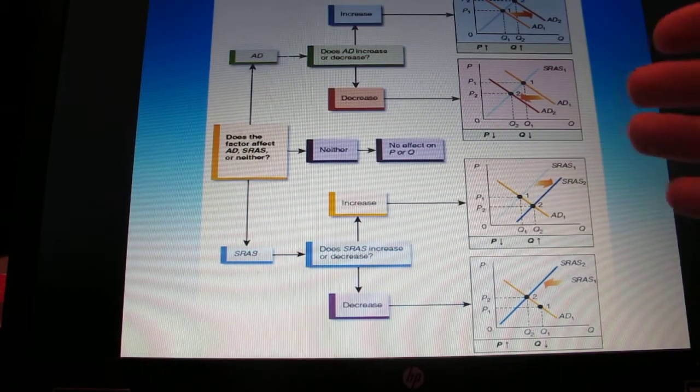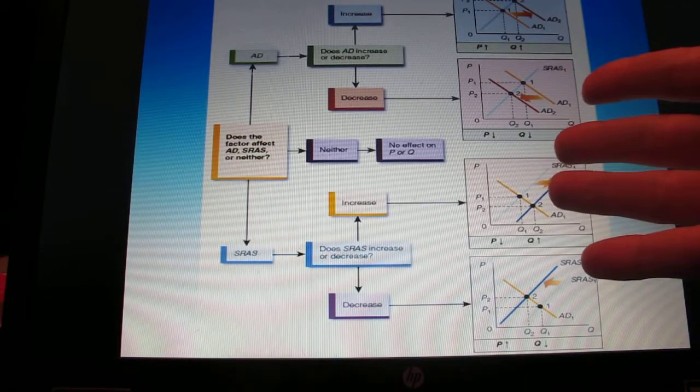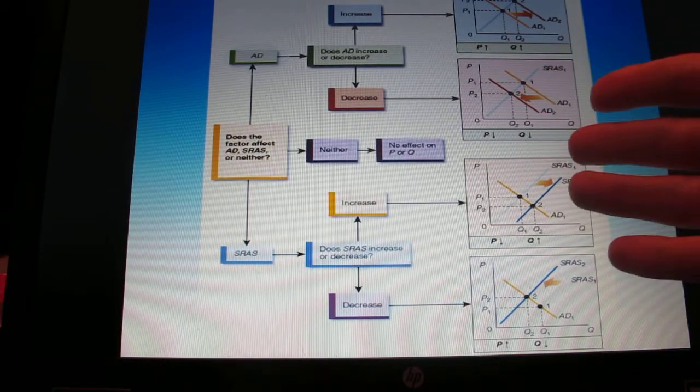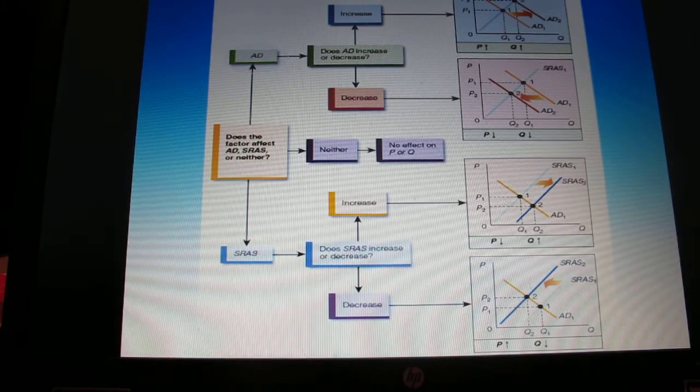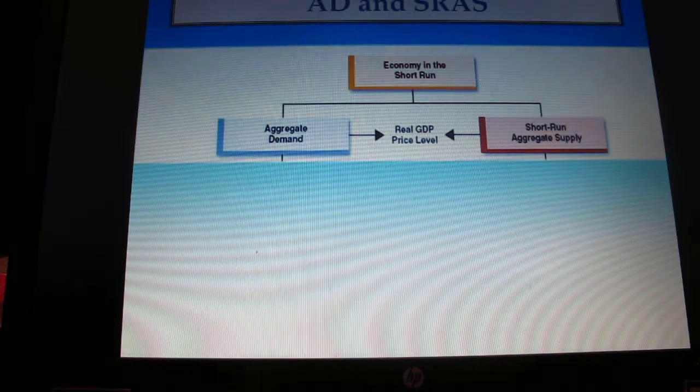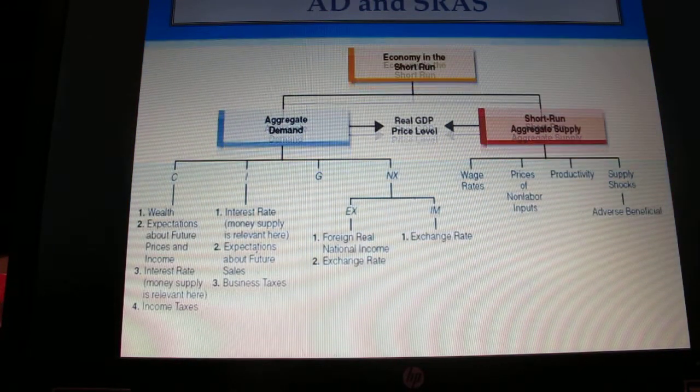So this chart is a good summation of a lot of things that we just discussed as far as changes in aggregate supply or aggregate demand. You can take a look at that. Okay. This chart summarizes most of what we've discussed in this chapter.